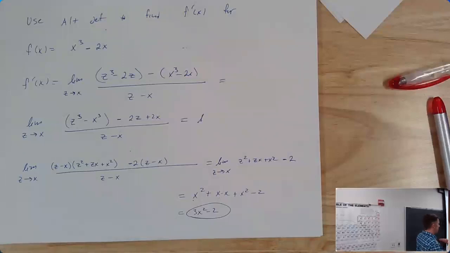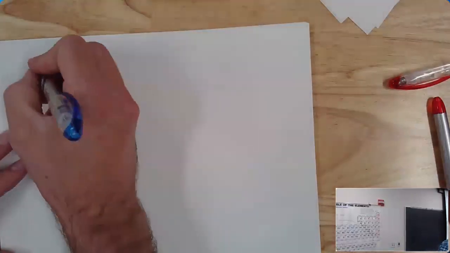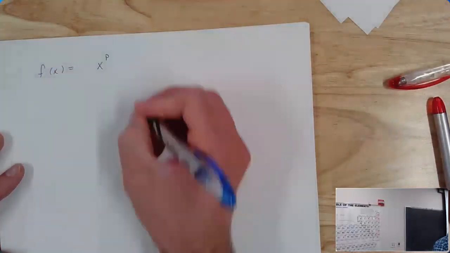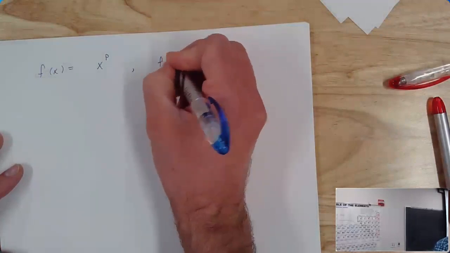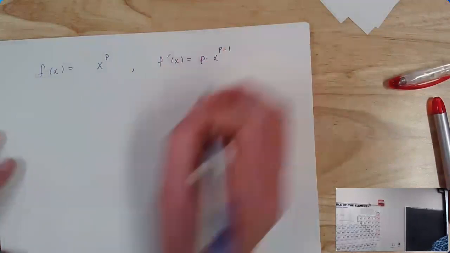But we're not right there, because before we talk about sine and cosine, I do feel like we should start to talk about the product and the quotient rule, because they are things that are coming your way soon. So just as a reminder, we've definitely talked about the power rule. For a function f of x equal to x to some power p, we have shown that the derivative is p times x to the 1 less power.